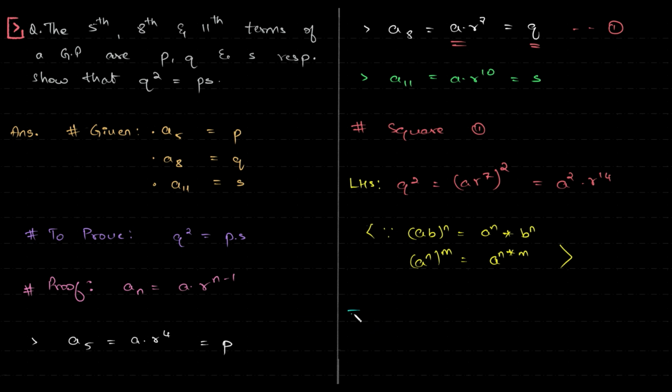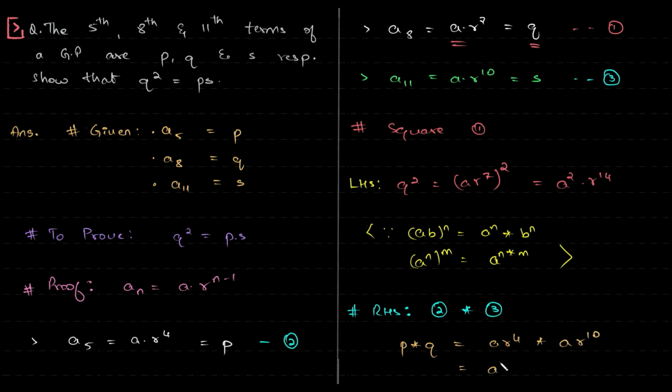Okay, now for our RHS, what we have to do is multiply 2 and 3. So 2 into 3 will fetch us P into S, which is equal to A R to the power of 4 into A R to the power of 10.